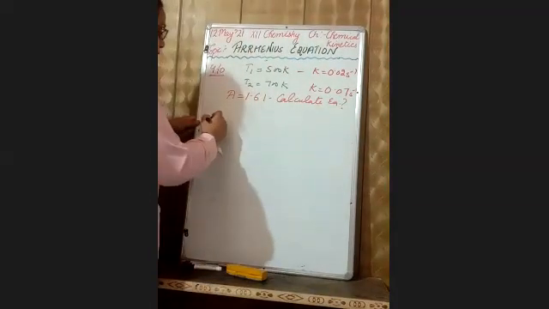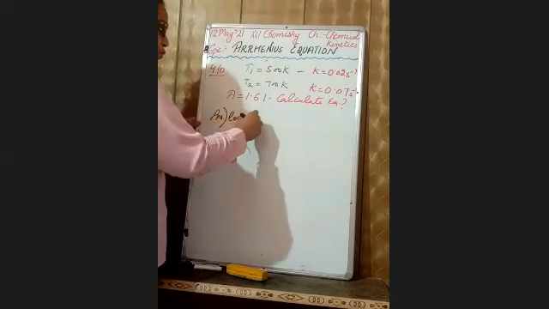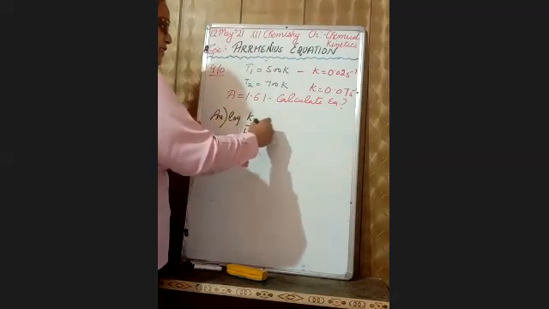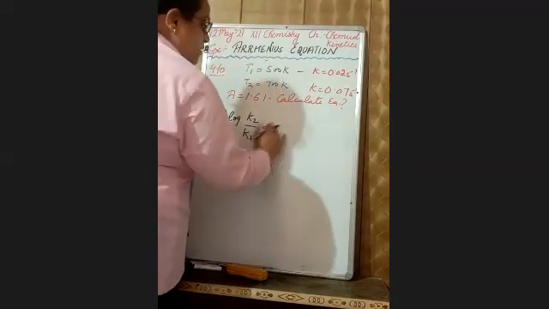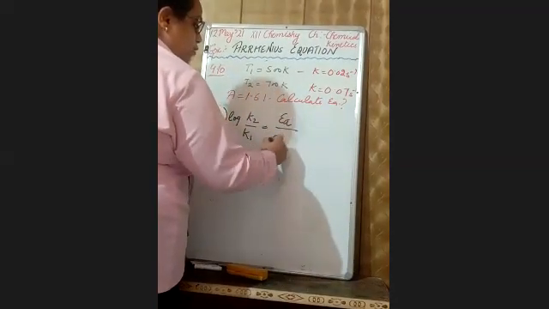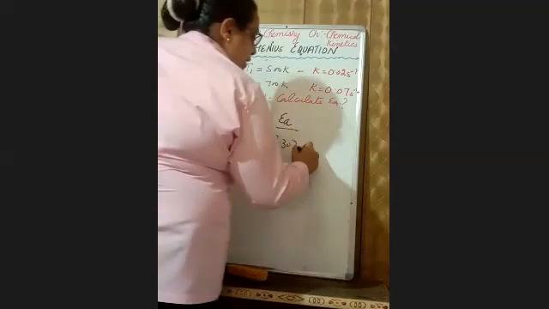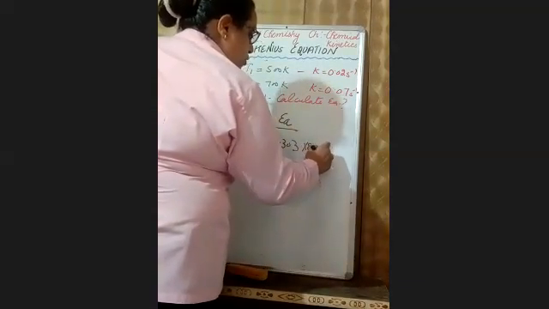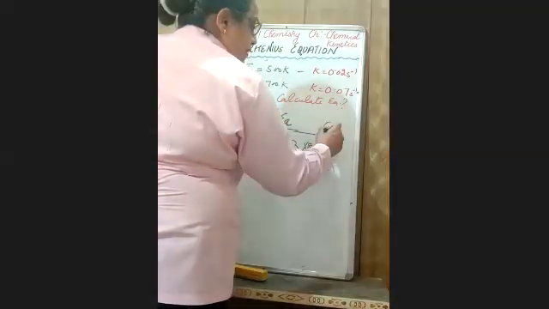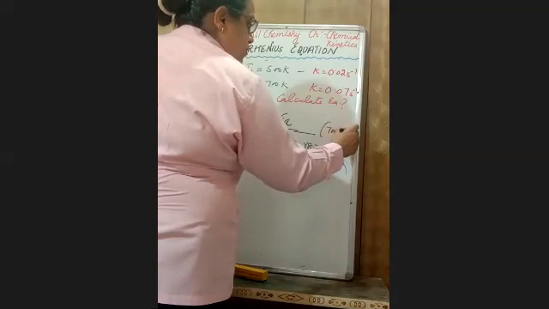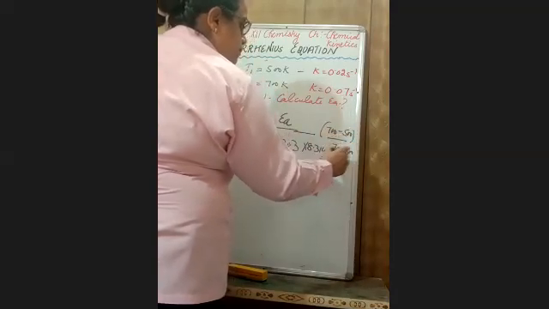It will be log K2 over K1 is equal to, sorry, activation energy which we have to find, over 2.303 into 8.314 because it is the value of R constant, into 700 minus 500 over 700 into 500.